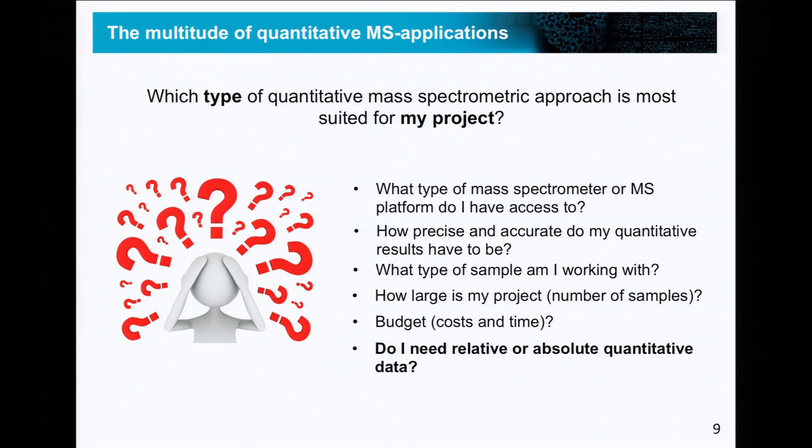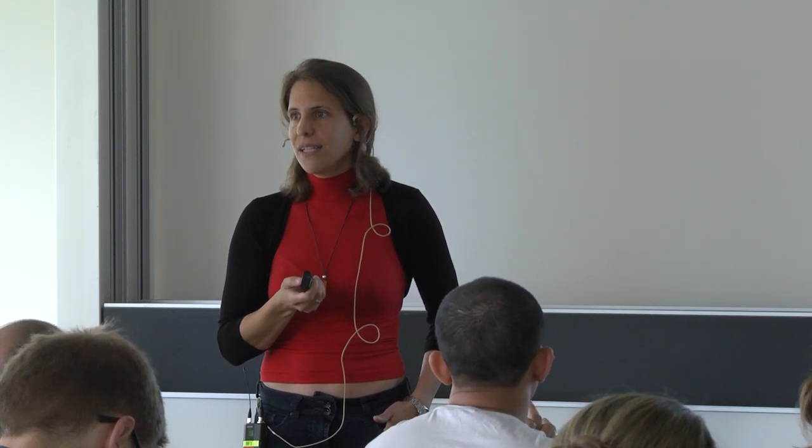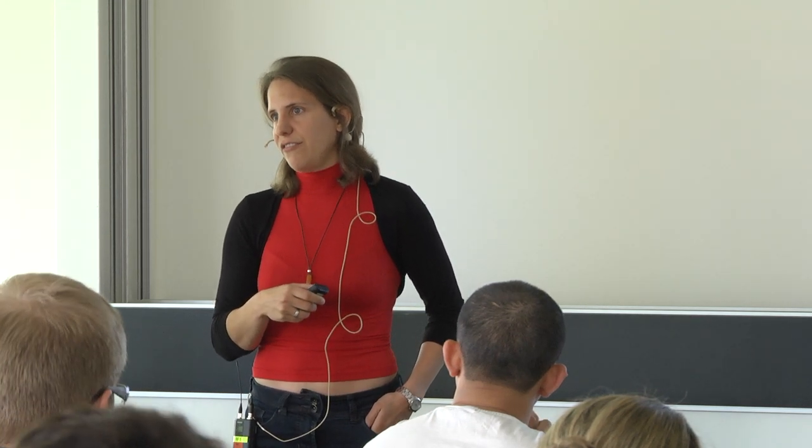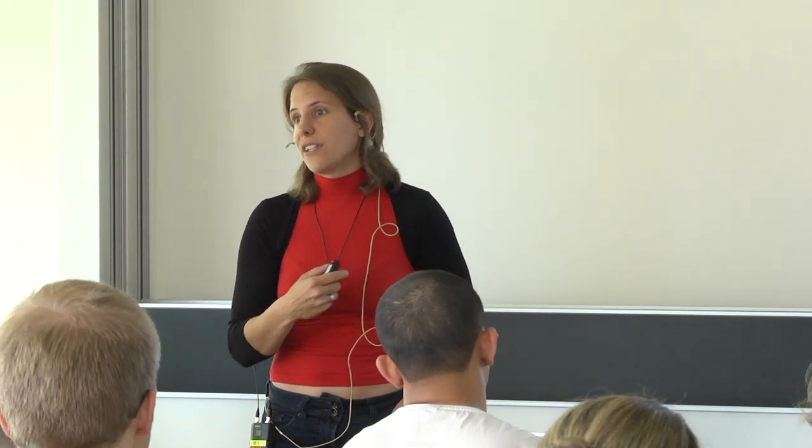So for your project, will it be absolutely crucial to have coefficients of variance between your replicates below 10%? You need to be very, very precise and accurate. Then you will probably have to work with stable isotope labeling. Or is it a project where you are rather interested in very large protein abundance changes and maybe you can live with a 30% coefficient of variance and then label-free quantification is also a good option for you.